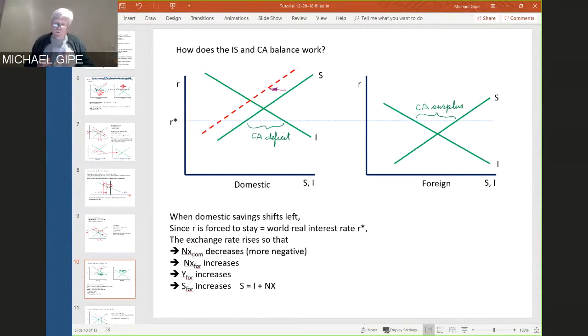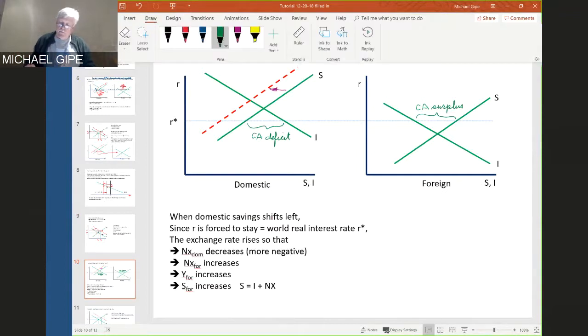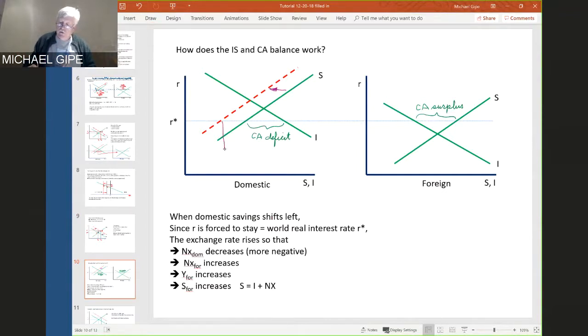So what we end up with is a new level of current account deficit and a new level of current account surplus, because now that we have more exports in the foreign economy, there's more income, more savings, and so their savings moves out and their current account surplus increases.